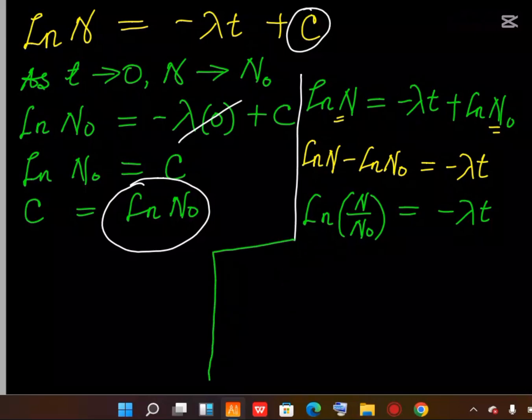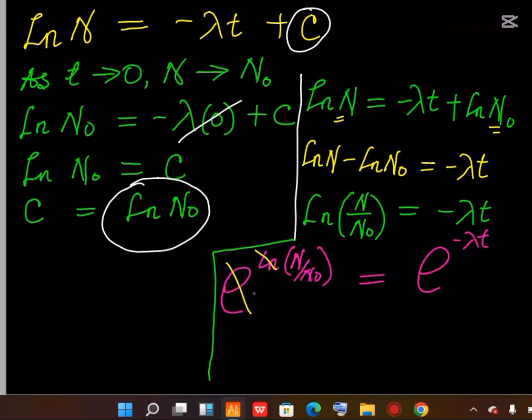We have e raised to the power ln of N over N naught, and this must be equal to e raised to the power negative lambda t. Of course, this will cancel this.